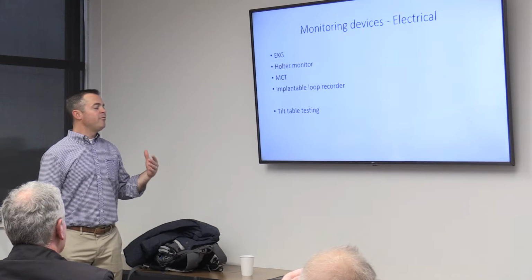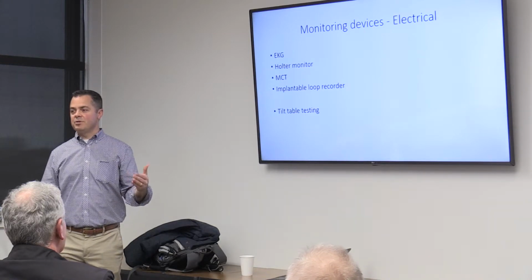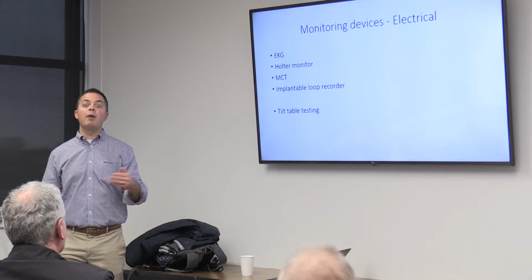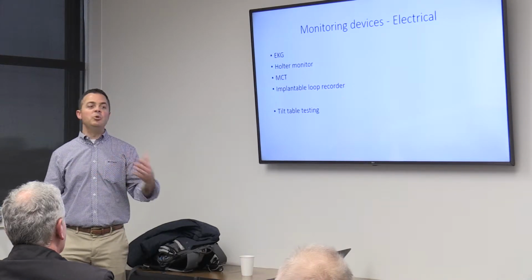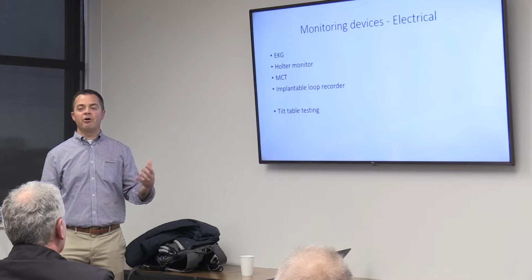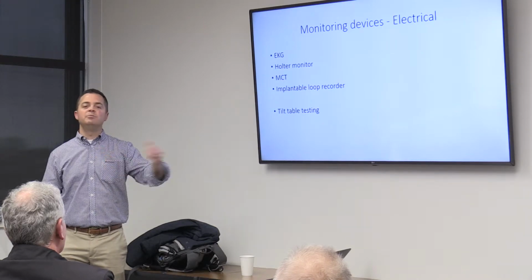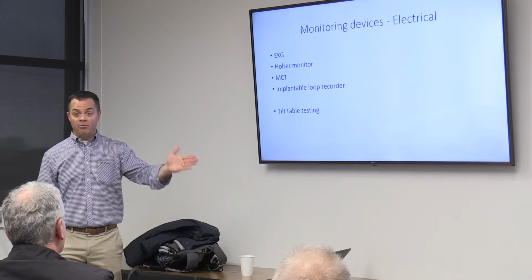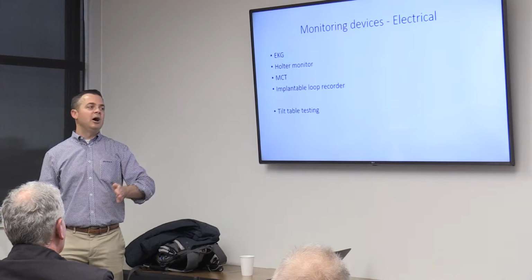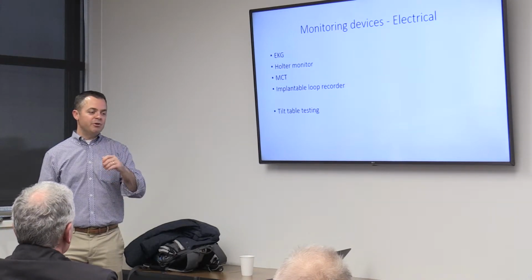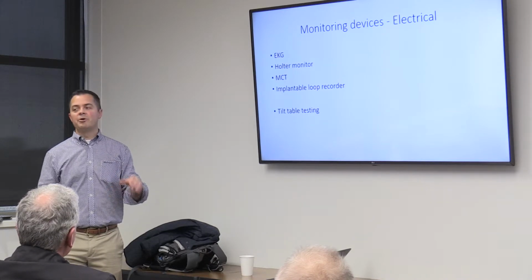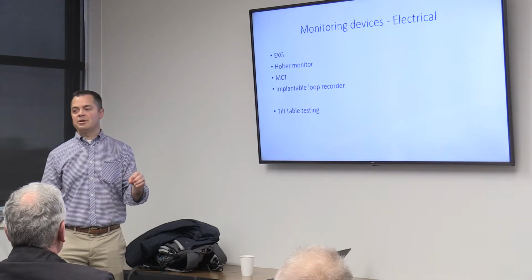So we have all kinds of monitoring devices for this, and this has changed. And you probably read in the lay press about the Apple Watch and the new app you can get with that to monitor your heart rhythm. I mean, where this is going to be in 5 years, 10 years, I don't know. Right now, I'm very reticent to give somebody a diagnosis based on any of that stuff.